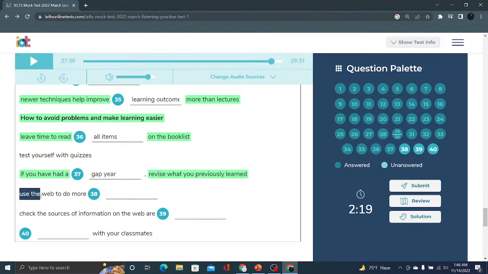Use the web to do more. There are just a couple more ideas I'd like to suggest before I'll take any questions you may have. We are lucky enough to be living in a digital age, so use resources like the web to do some extra background research.